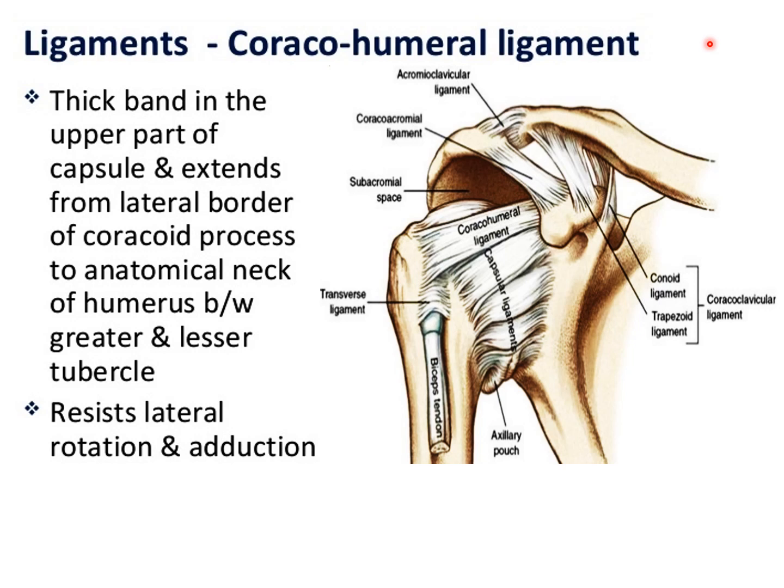Coracohumeral ligament. It is a thick band. This one is the coracohumeral ligament. In the upper part of the capsule, it extends from the lateral border of the coracoid process to the anatomical neck of the humerus between the lesser and greater tubercles and blends with the transverse humeral ligament as well.